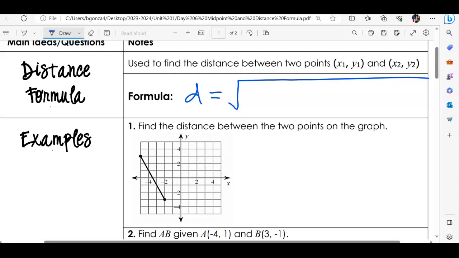So, to find the distance, you're going to do what's called x2 minus x1 in parentheses squared plus, and then parentheses y2 minus y1 squared. Distance is square root x2 minus x1 squared plus y2 minus y1 squared. You just got to know where those x1s and y1s are, okay?